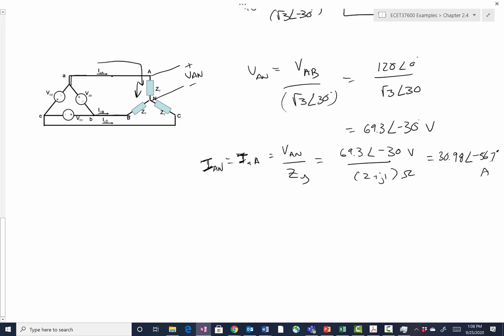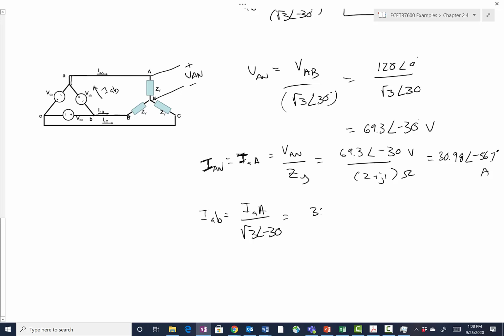So now we need to do a line to phase transformation to get IAB. And we know that the phase currents have to be smaller than the line currents, so we get, or equal to at least, IAA over square root of 3 angle negative 30 degrees.